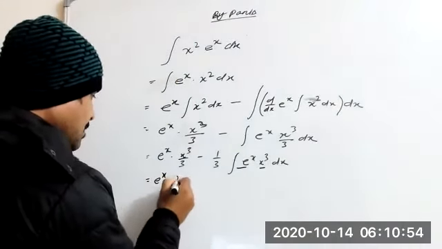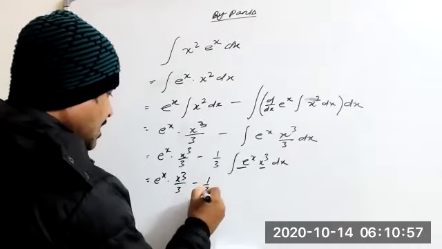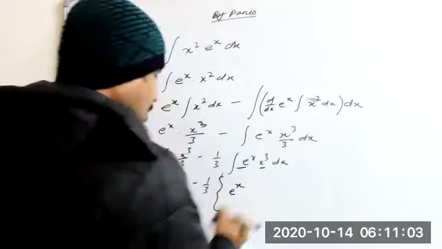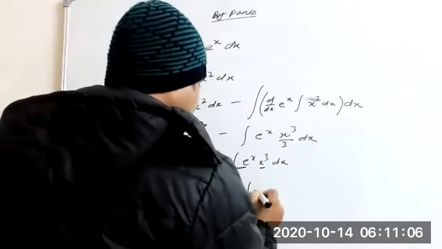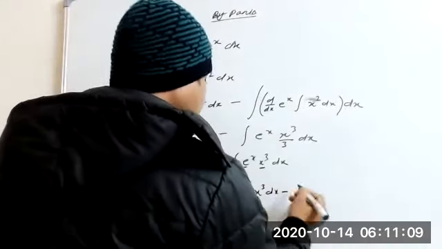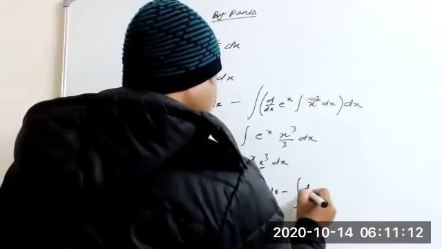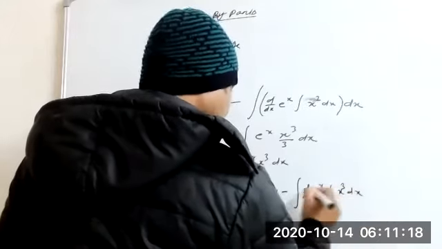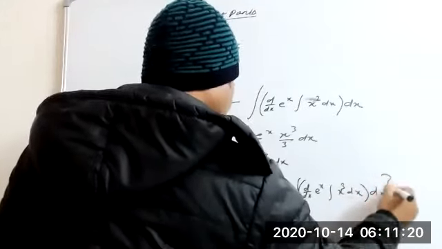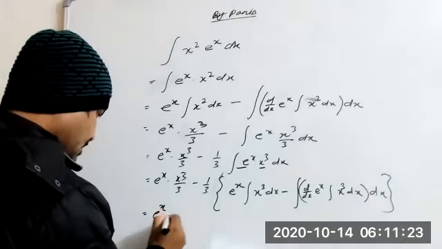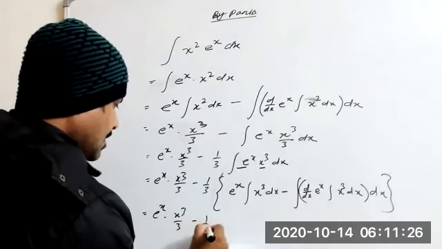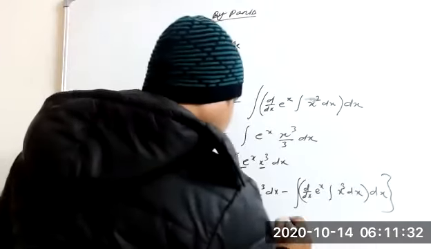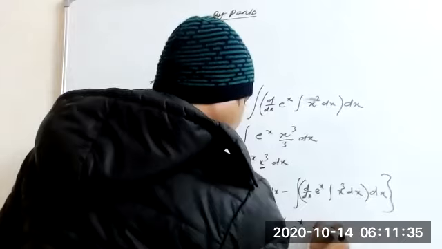So e to the x into x cubed by 3 minus 1/3 of first function e to the x, integration of second function, minus d by dx of first function into integration of x cubed dx, giving 1/3 e to the x fourth by 4 minus e to the x fourth by 4.